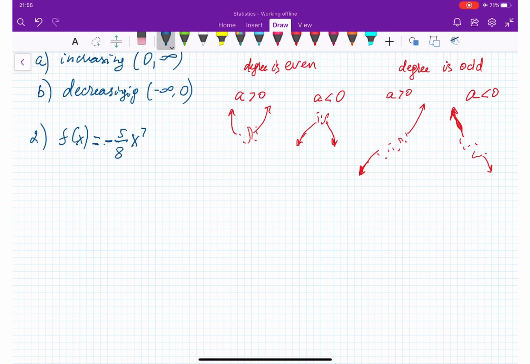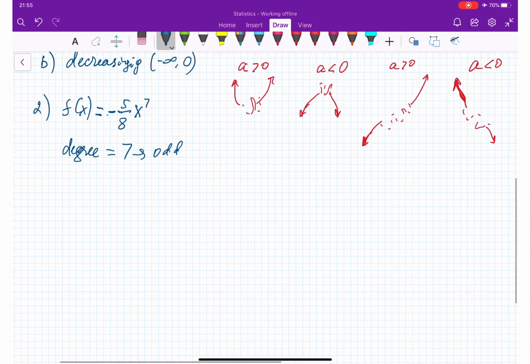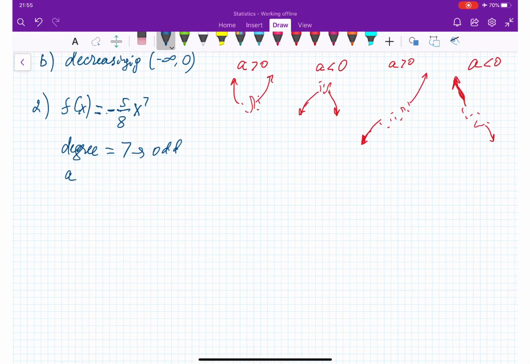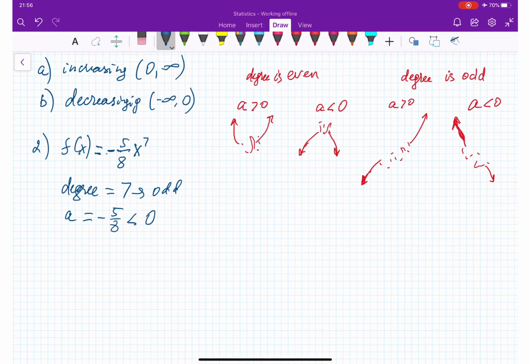Let's see, our degree is 7, right here, which is odd. A is negative 5/8, which is the coefficient A. So this is less than 0. Okay, so odd and less than 0.